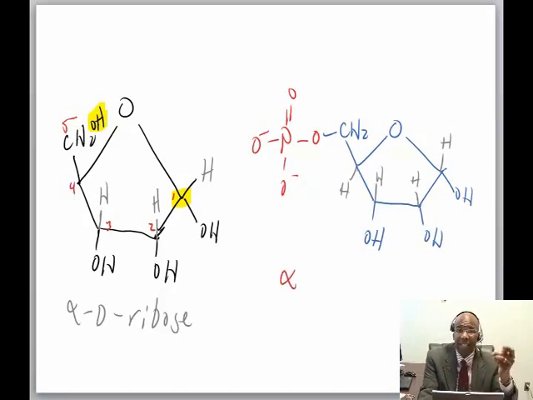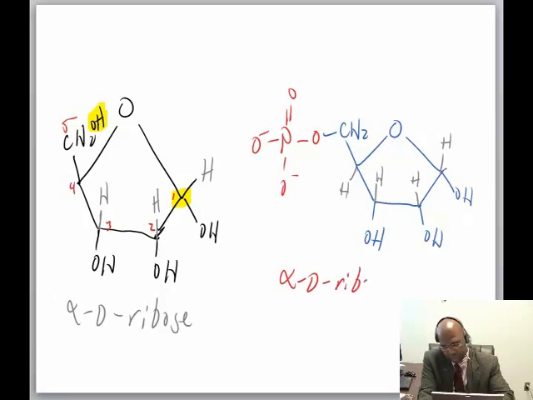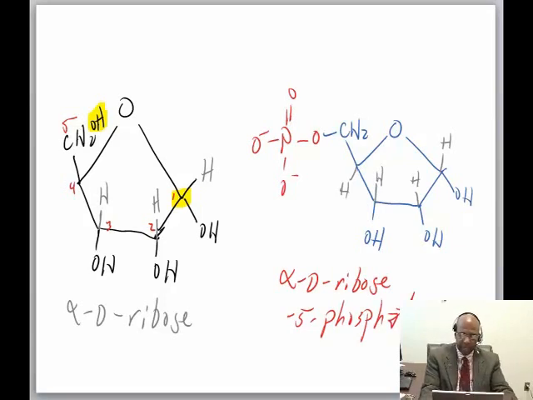Can you name this? What's the name of this compound? Correct. I hope you're correct because I can't see you. Alpha D ribose 5-phosphate. And this compound is found in RNA.